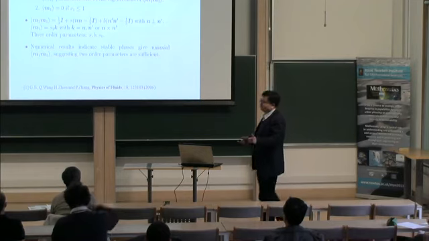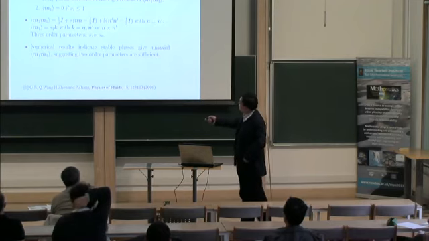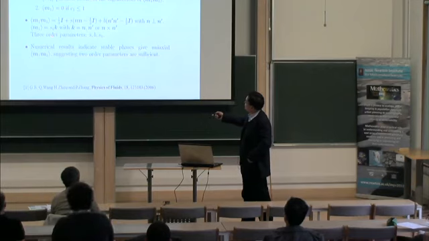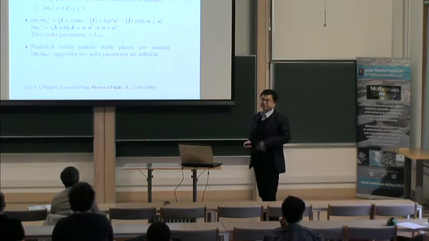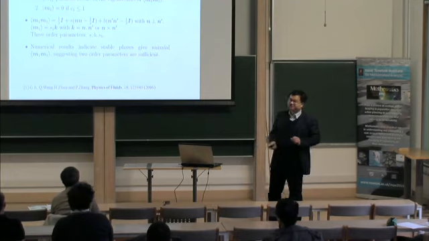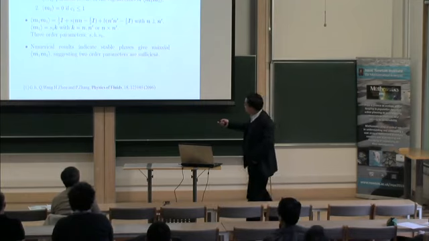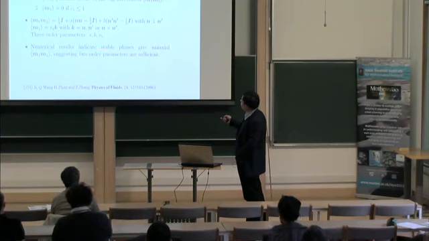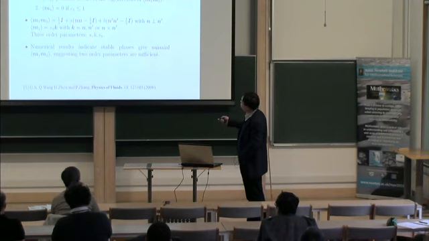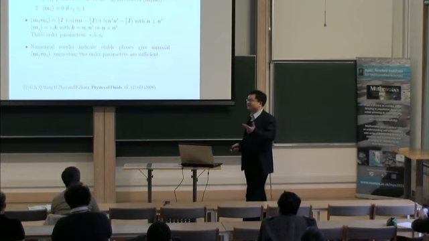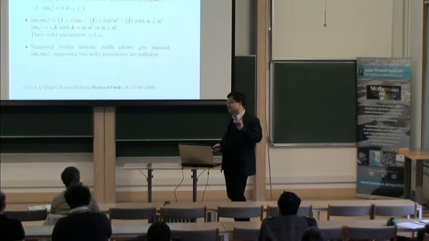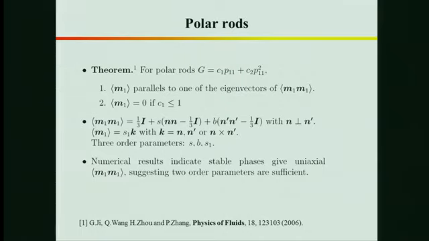So mathematically, you can prove that there are just three order parameters, S, B and S1, for the polar rods. But the simulation indicates the stable phase gives the uniaxial. This means B is equal to 0. It means just two. But mathematically, this is difficult to prove. So this is for the polar rods.